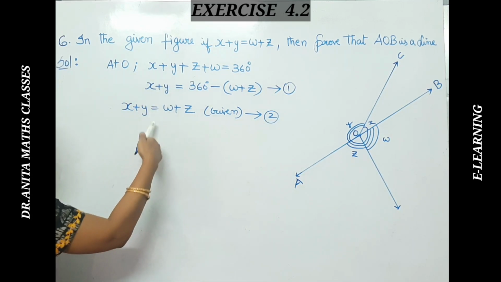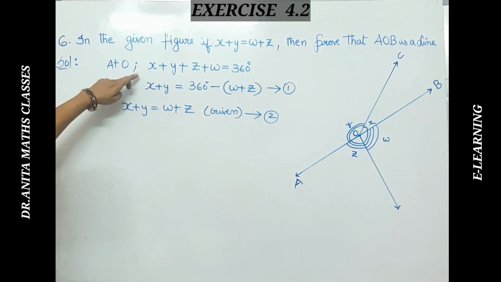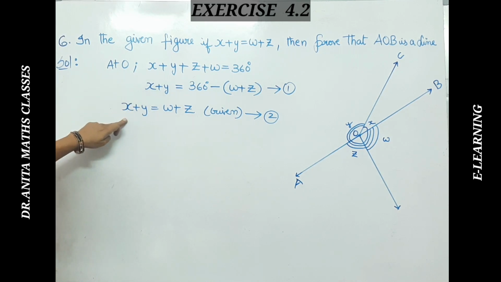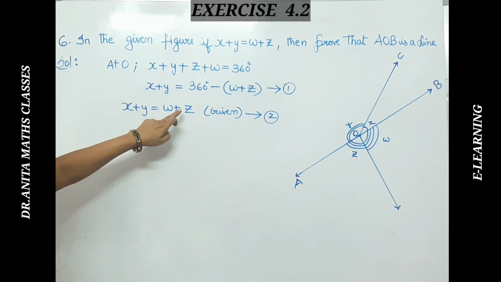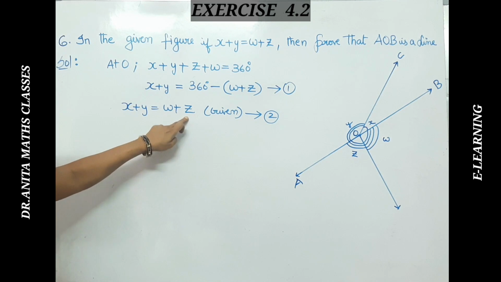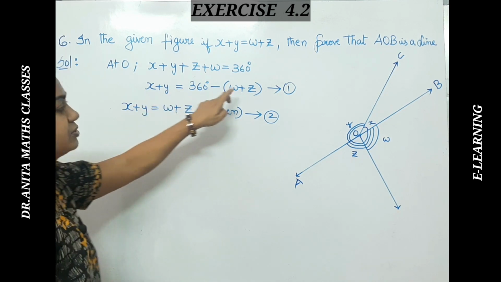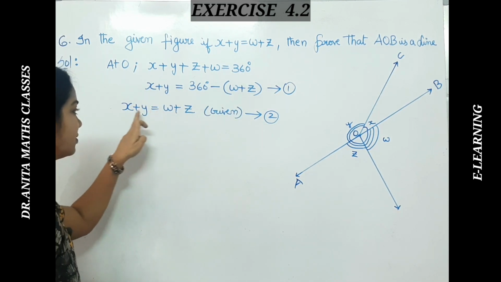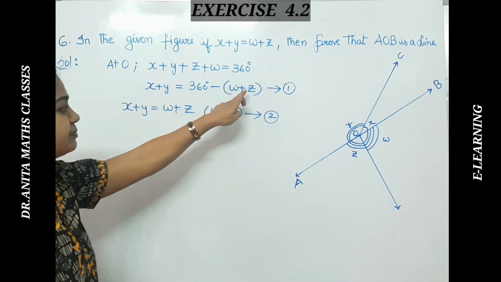So from 1 and 2 we can write, this is x plus y. I'll substitute in place of w plus z, I will substitute x plus y, so w plus z is equal to x plus y, isn't it? That I will substitute here.